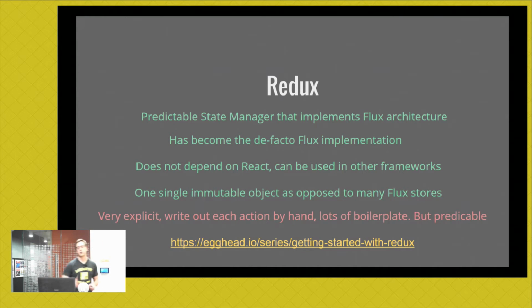It just has one. And it's very, very explicit. You end up writing out each action by hand and describing what everything should do by hand. And there's a lot of boilerplate with Redux, I won't lie. But that boilerplate and that explicitness also makes it very predictable and easier to test against.